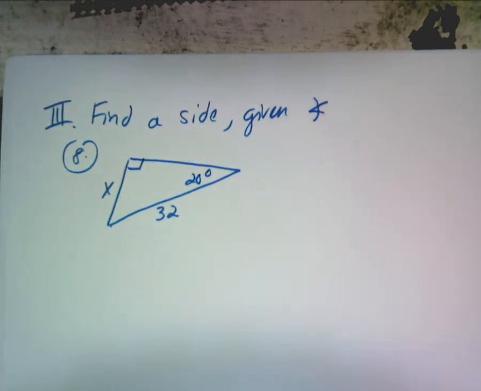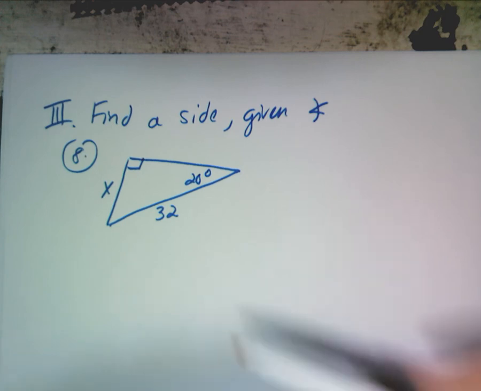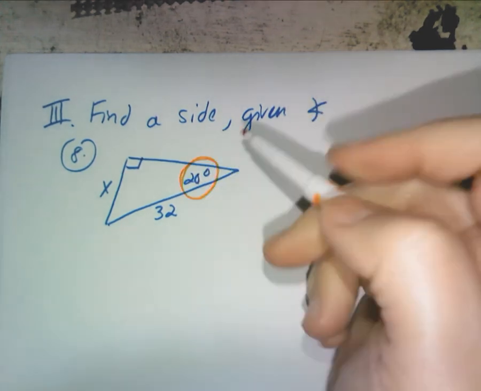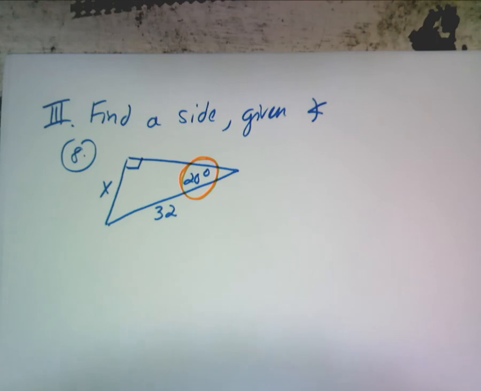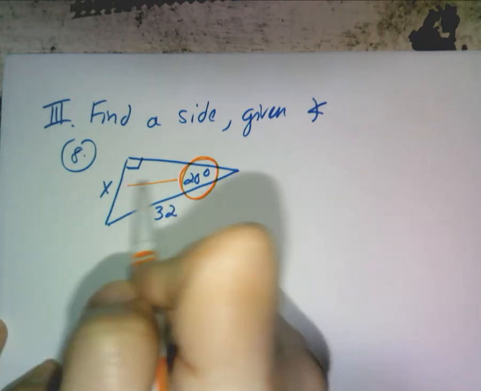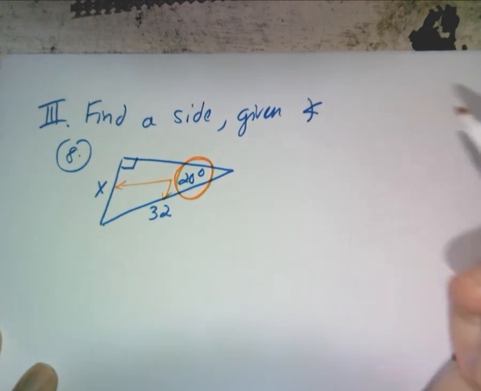Again, this should all be familiar to you from Miss Davis last year. Okay. If you are given an angle, that's where you start. You always start at theta, or the angle that they give you. So I'm starting at 20 degrees. And I'm asking myself what relationship, because that's what trigonometry is, what's the relationship of the x and the 32?